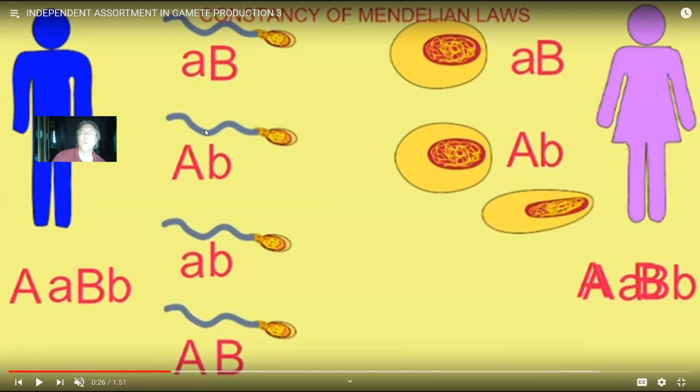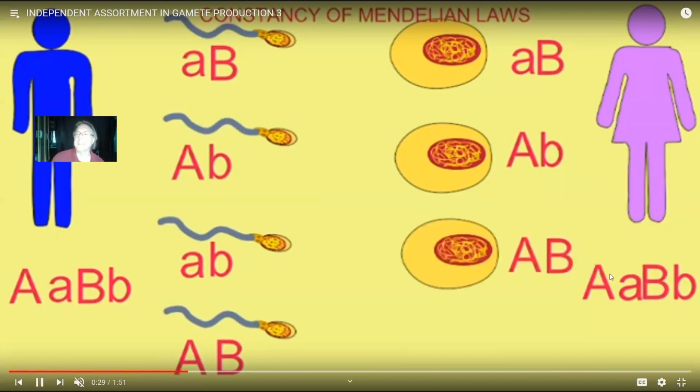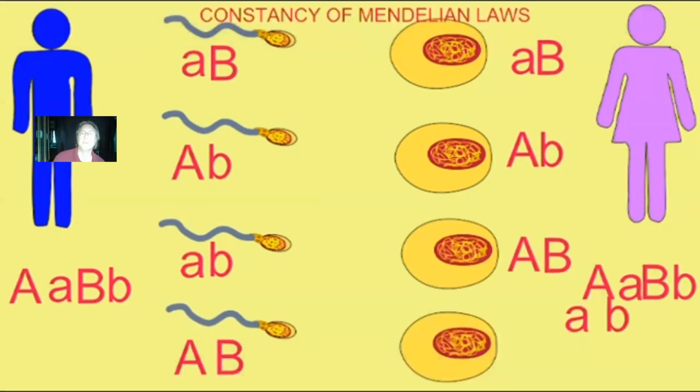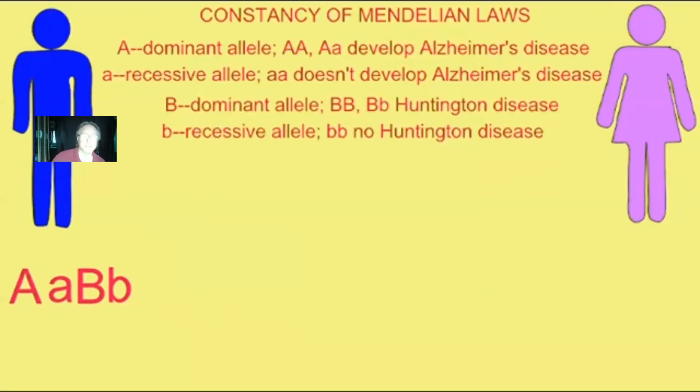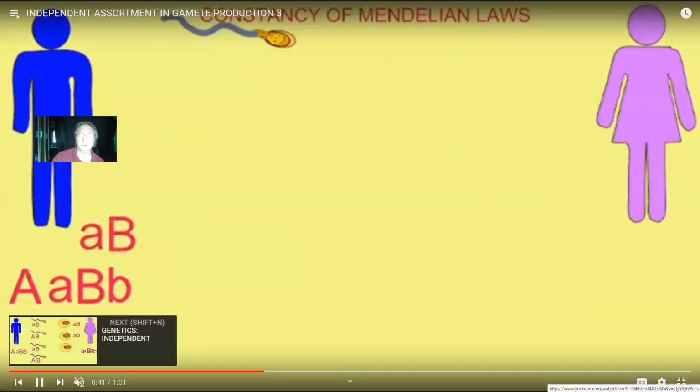So there are four different types of gametes: big A, big B; big A, little b; little a, big B; little a, little b. And then the same would apply for her as well. So if someone is a double heterozygote, if they are heterozygous for two different genes, then there are four different combinations of gametes that they could make.